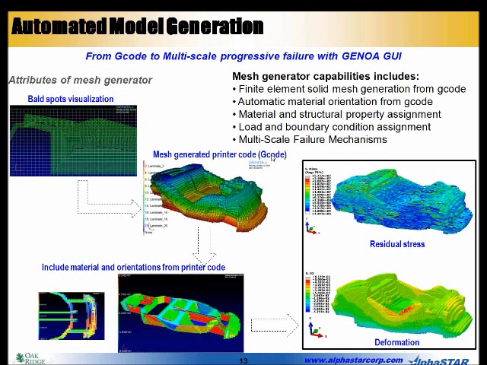Now this basically enables us to run the problem, and we can generate outputs like residual stresses, deformations, and the crack formations that we have showed you in the previous slides.